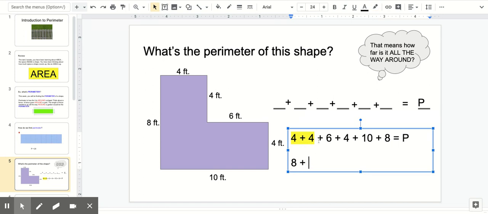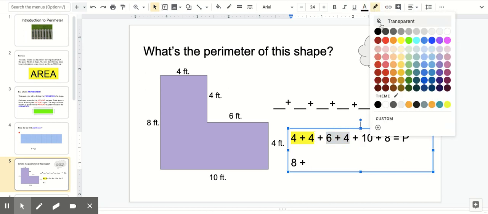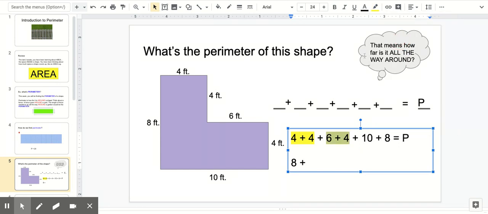I like what I see next. Look at this. 6 plus 4. You know I like that one. Those are best 10 friends. There's a 10. I like it when I can make a friendly number. And then I've got 10 and 8. So I'm going to do plus 10 plus 8, which is 18. And I'm getting closer to finding my perimeter.